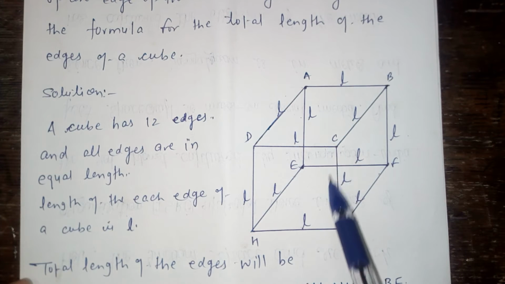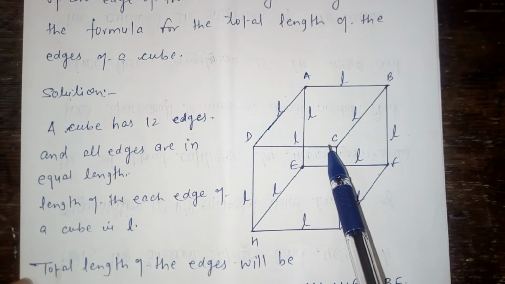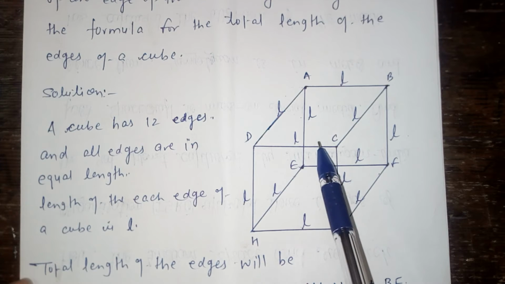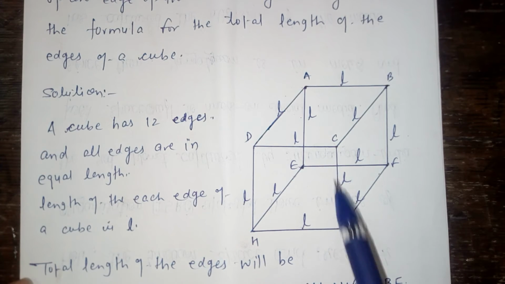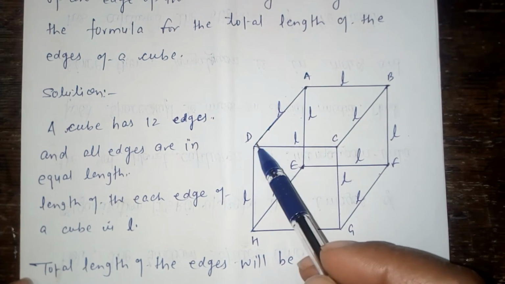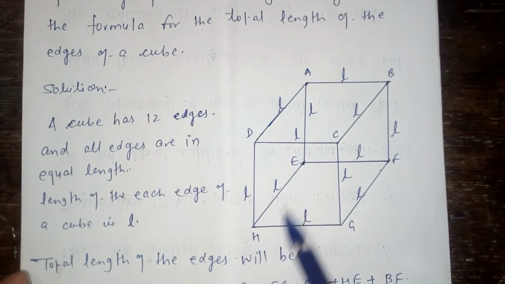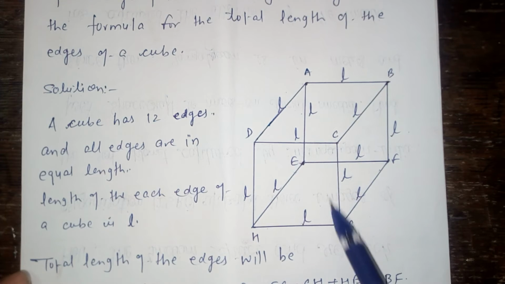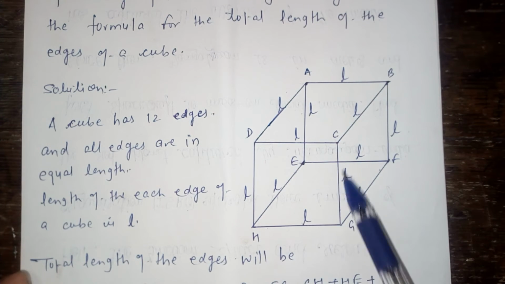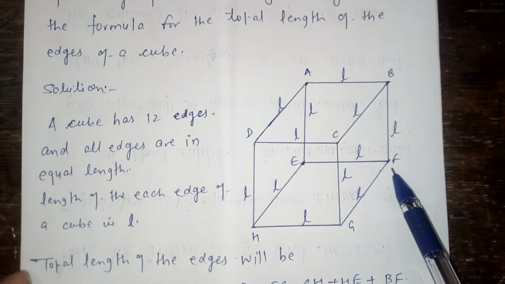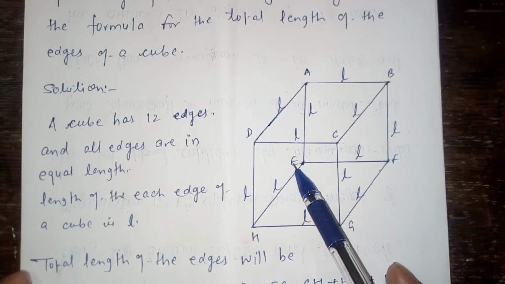And how many faces does this cube have? There are 6 faces. How? Look here. A, B, C, D is the first face. E, F, G, H is the second face. D, C, G, H is the third face. A, B, F, E is the fourth face.